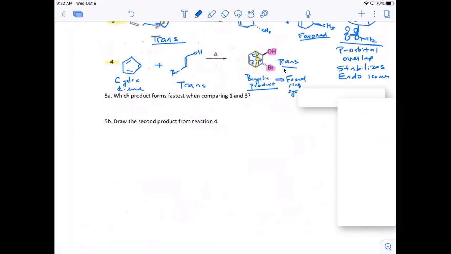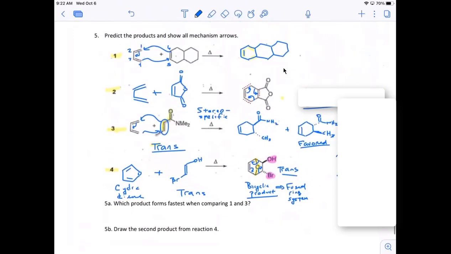It says, which product forms fastest when you compare 1 and 3? What are we comparing? We can look at both the diene and the dienophile, but in 1 and 3, the diene is the same. So we have to look at the dienophile and what we can do to a dienophile to make it more reactive.